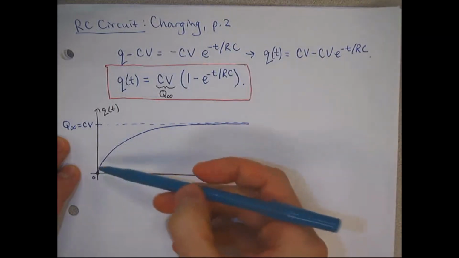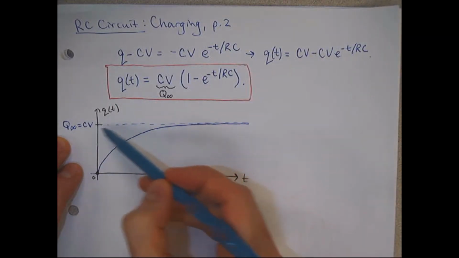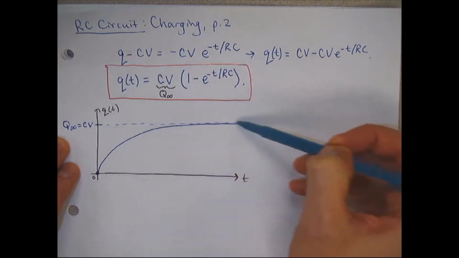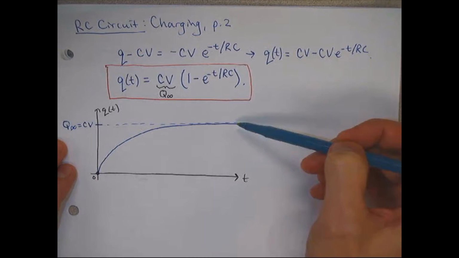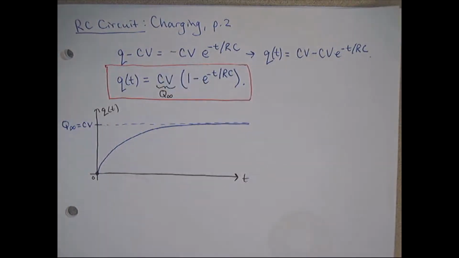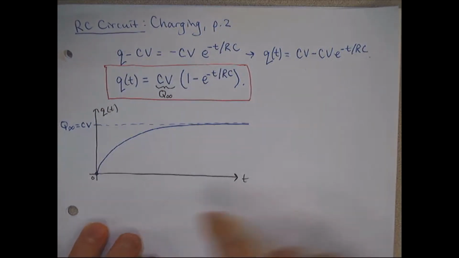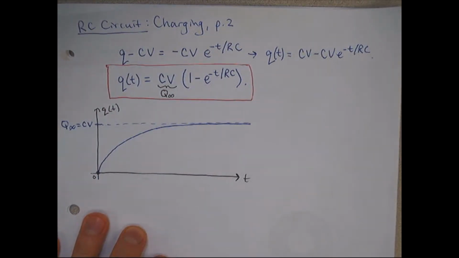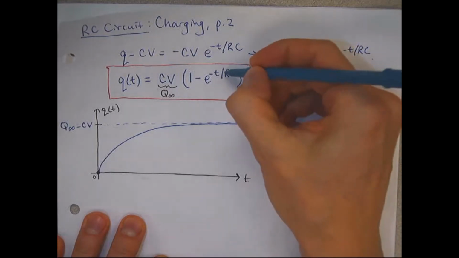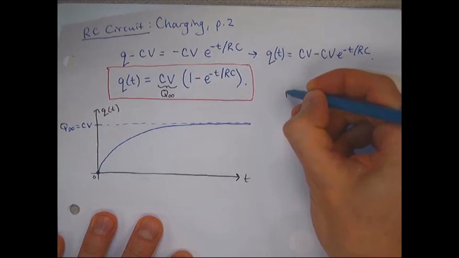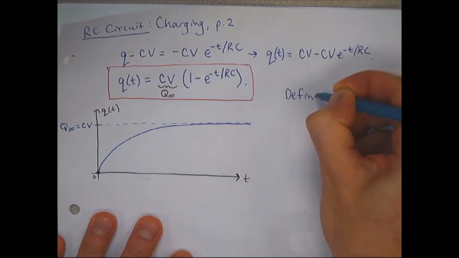So as time goes on, the amount that you subtract from the constant gets smaller and smaller until there is some effective time later where you've reached the total charge. Remember, there is a direct relationship between current and charge. We'll look at that in just a moment, but first we want to define something which is sitting here in the argument of the exponential, which is called the time constant.